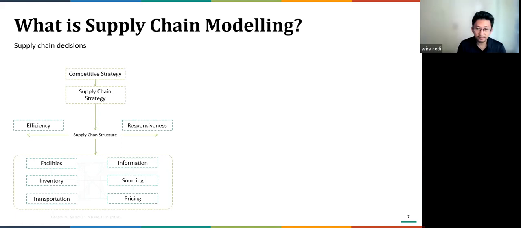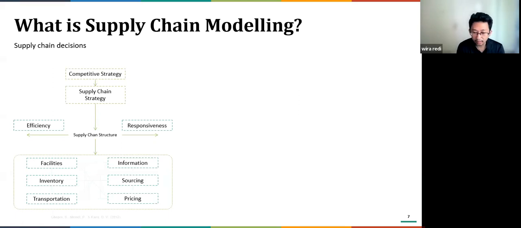According to this framework, developed by Professor Sunil Chopra in his book, supply chain strategy is determined by which structure you are going to have the tendency for your supply chain, whether an efficient supply chain to minimize the cost, or one more responsive to the market, in which when there is a need from the customer, you want to satisfy it as much as possible. One example is Domino's that I mentioned.